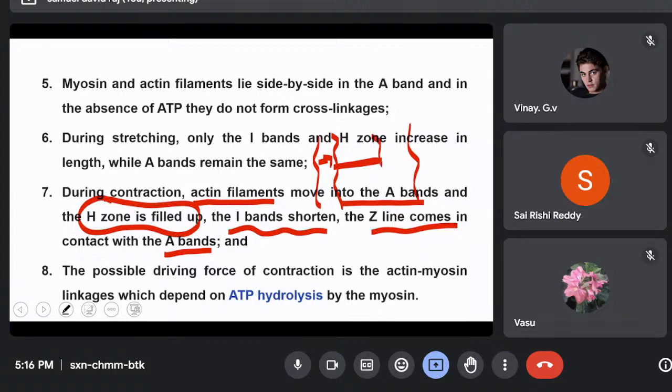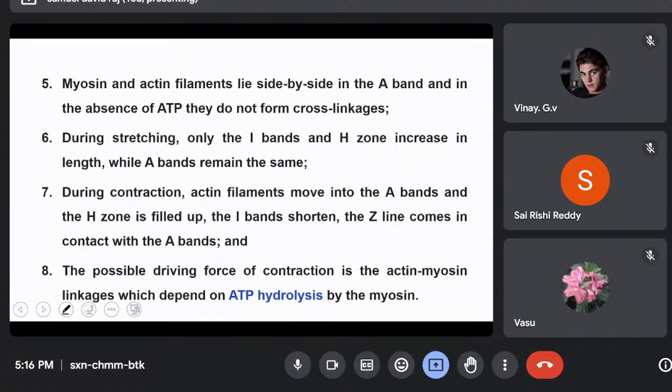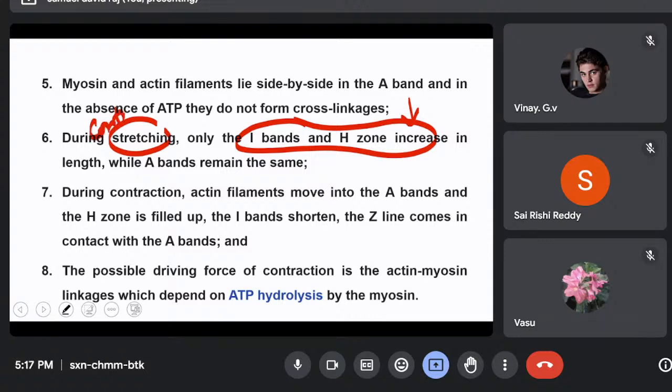Now they are pulled up to this point, so the Z lines come in contact with the A band. Only the I bands and H zone increase in length during stretching. In other words, they decrease in length during contraction, whereas the A band remains the same during contraction as well as relaxation.